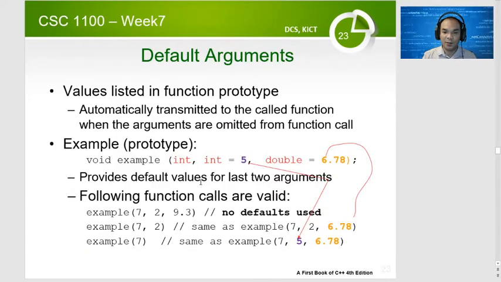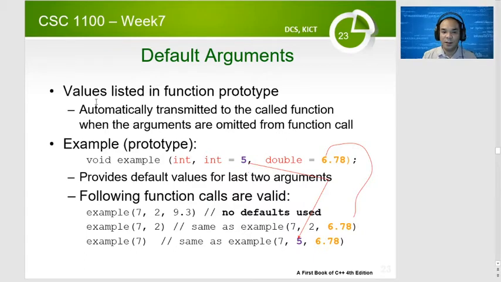Some functions can have default arguments, meaning the parameters themselves can have default values. This can be defined in your function prototype.